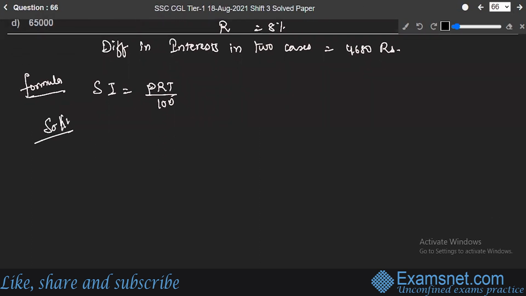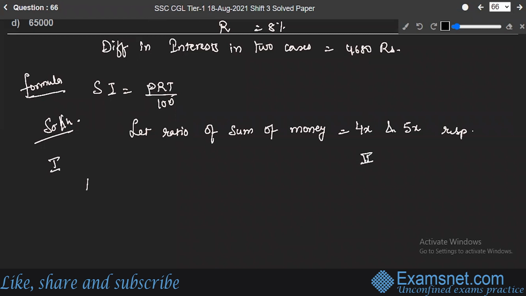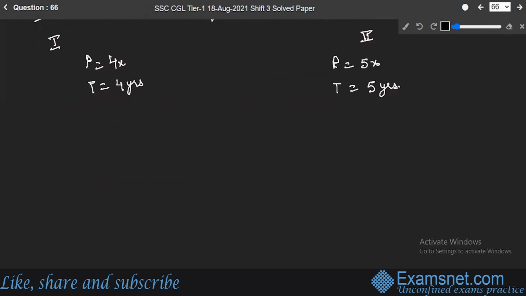First of all, let ratio of sum of money is equal to 4x and 5x respectively. Right? Now we are having two cases. This is the first and this is the second case. In this case, the principal is 4x. In this case, the principal is 5x. Time is 4 years in this case. In this case, the time is 5 years. Rate is same in both the cases, that is 8%.